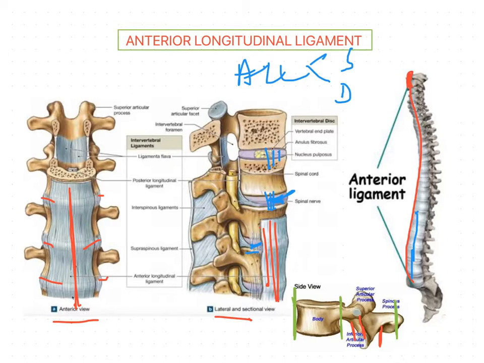If you see the development of the ligament in different regions, it is well developed at the lordotic regions. We can find the lordotic regions at the cervical and lumbar regions, and also a little substance at the thoracic kyphosis.